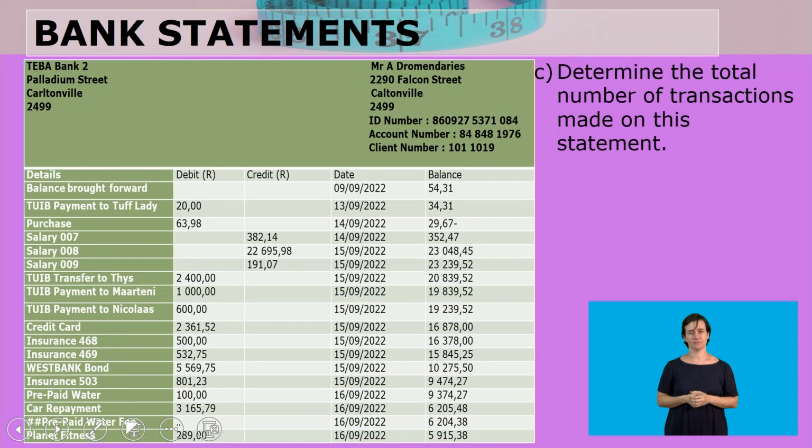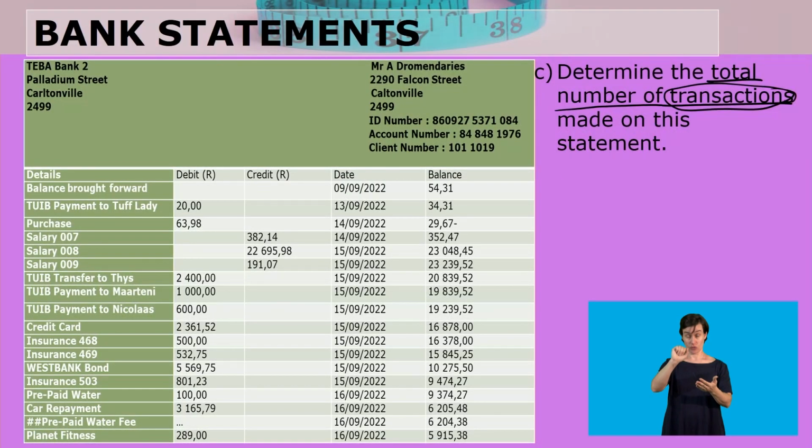Then we go to number C, determine the total number of transactions made on this statement. Remember, we have said a transaction is any activity that will make a change in your bank balance. And we have said an opening balance and a closing balance, it is not a transaction. So here we are going to count the number of transactions that were made on this, excluding the opening balance or the balance brought forward.